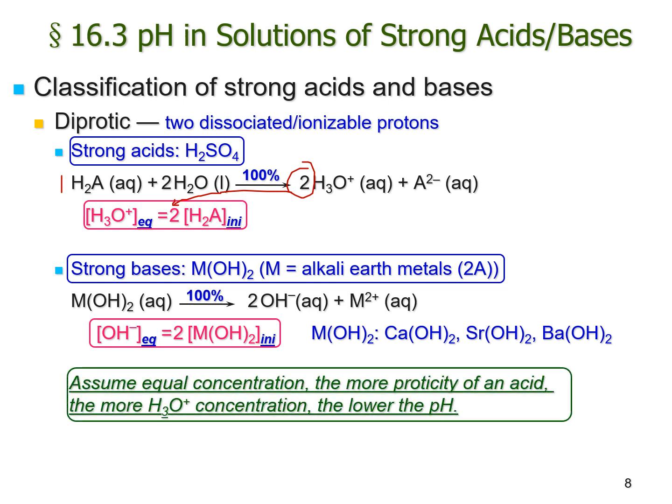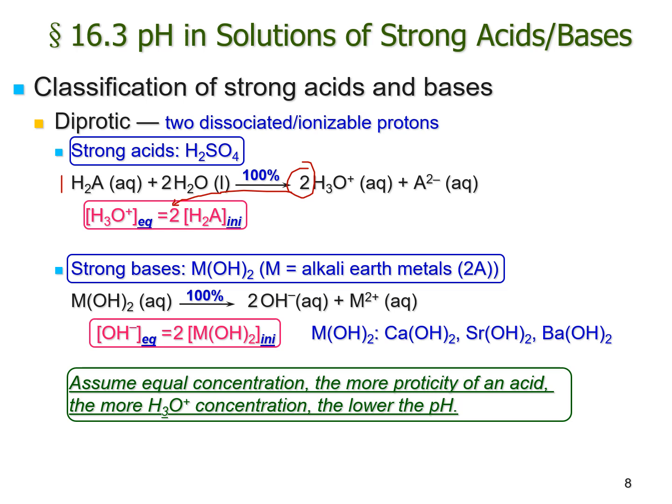One last thing. Assume equal concentration. So for example, the same concentration of H2SO4 and HCl. Say they're both 1 molar. HCl is monoprotic, so hydronium is 1 molar, right? For sulfuric acid, H2SO4, there's going to be 2 molar of hydronium.